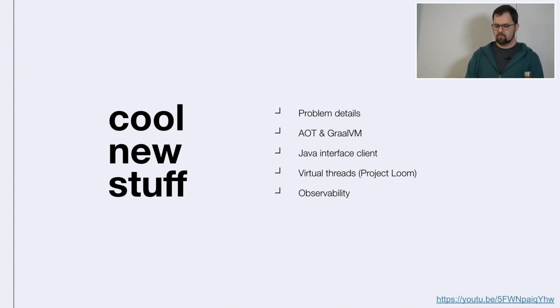And one new addition here is observability. So with Spring Actuator, we already had some features which showed us the internal workings of the framework and our application. And they take this thing one step further.